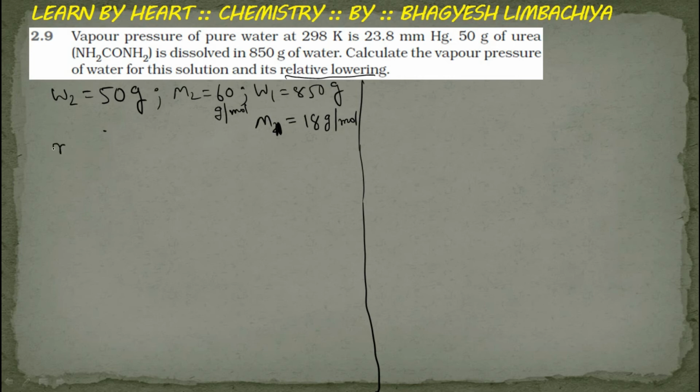Now, the number of moles of urea, N2, will be 50 by 60. So it will be 0.83 mole. And the number of moles of solvent, it is 850 by 18. It is 47.2 mole.